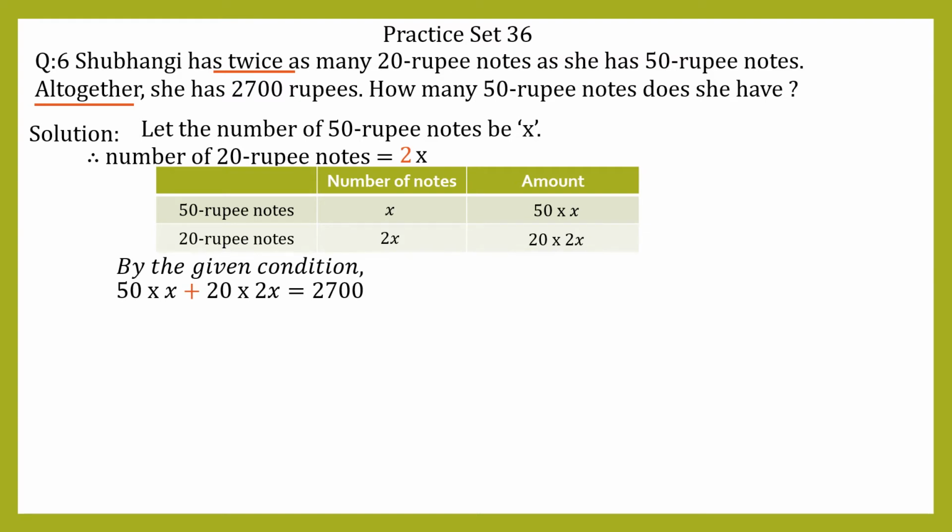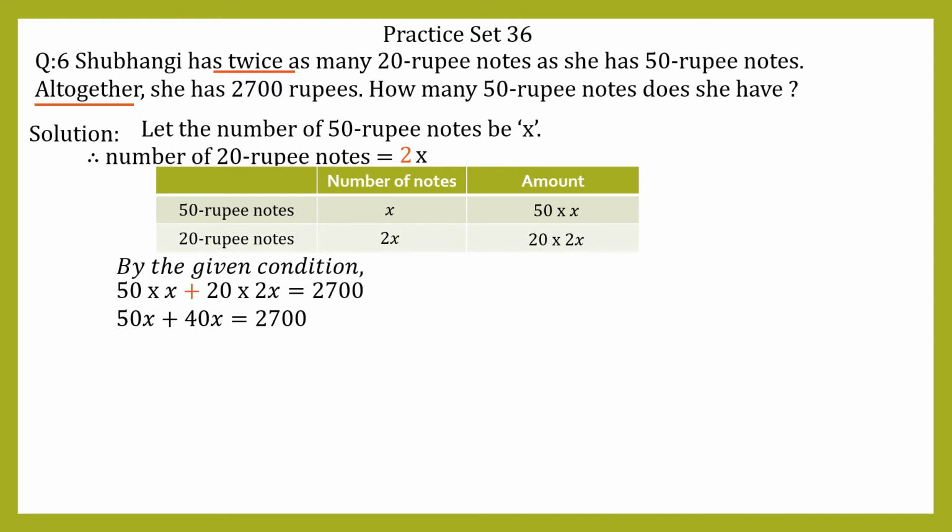50 into x plus 20 into 2x is equals to 2700. This is the amount. Now 50 into x is 50x plus 20 into 2x, 20 into 2 is 40. So 50x plus 40x is equals to 2700.